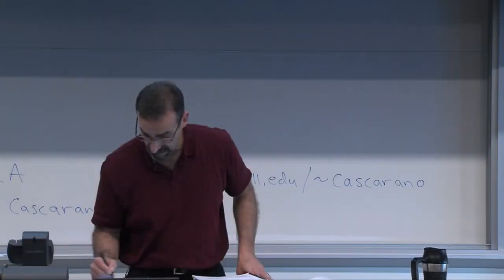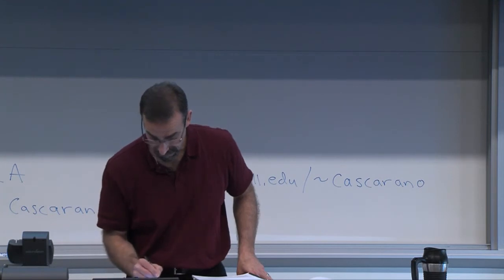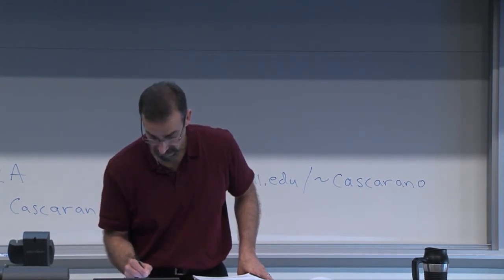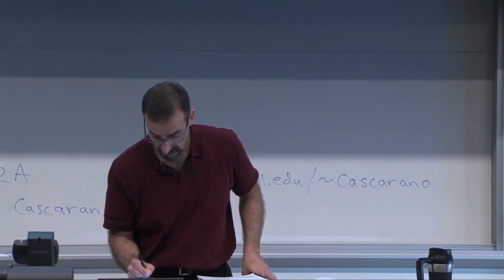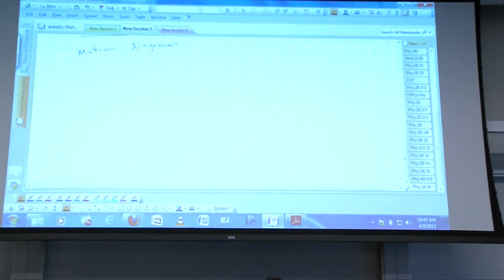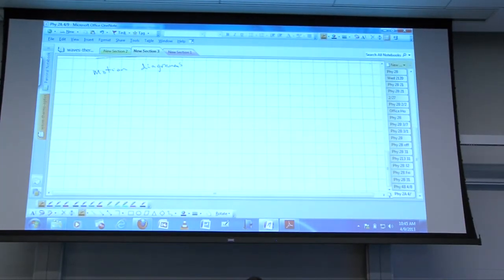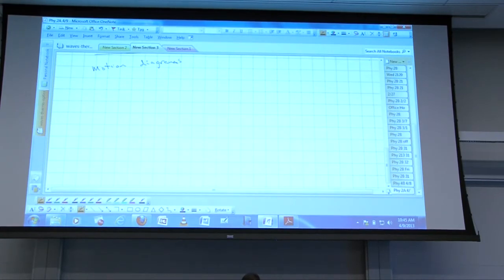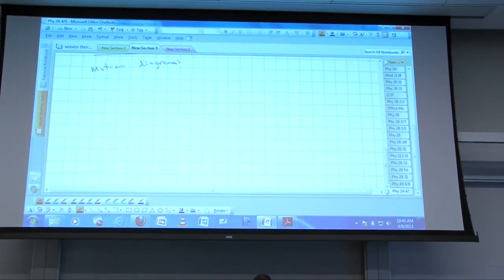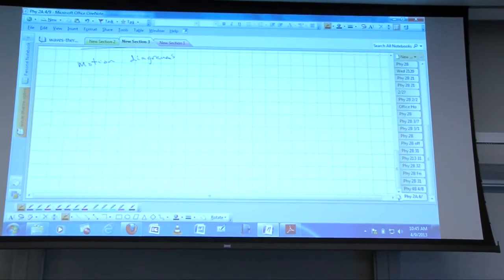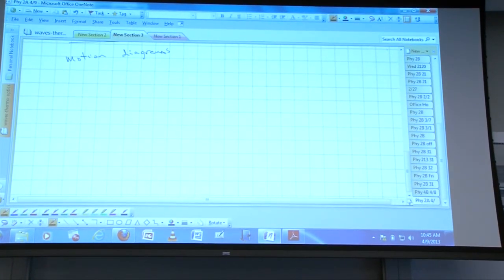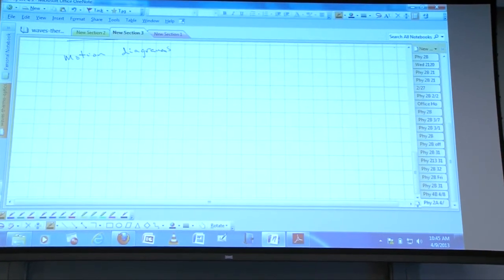Introduce the concept of motion diagrams. So a motion diagram is sort of like a strobe photography of an object moving.